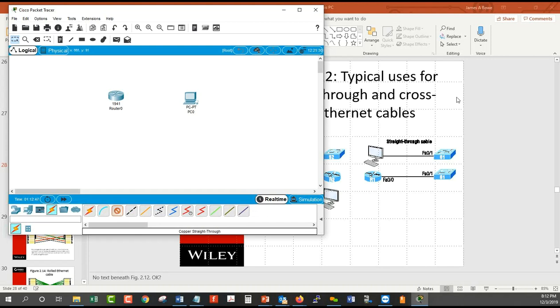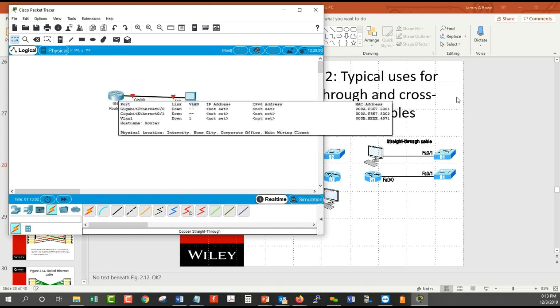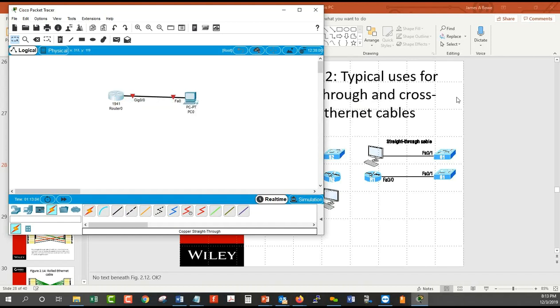I'm going to use a straight through cable. Straight through patch cables are what we generally use in networking. This is on the gigabit 0/0.